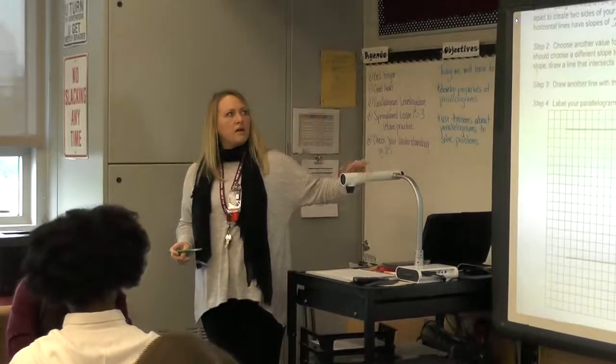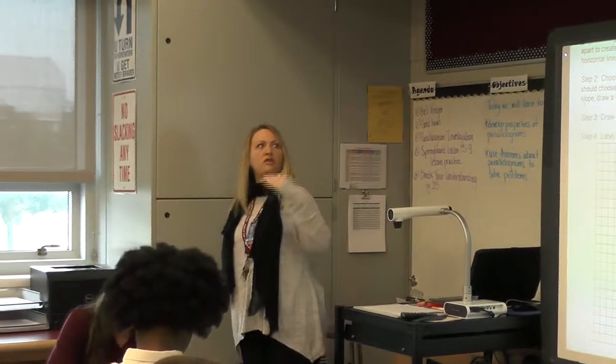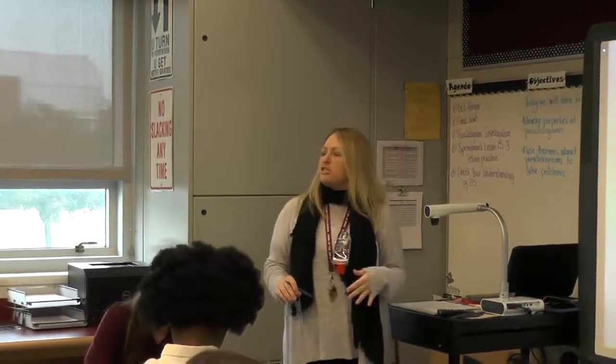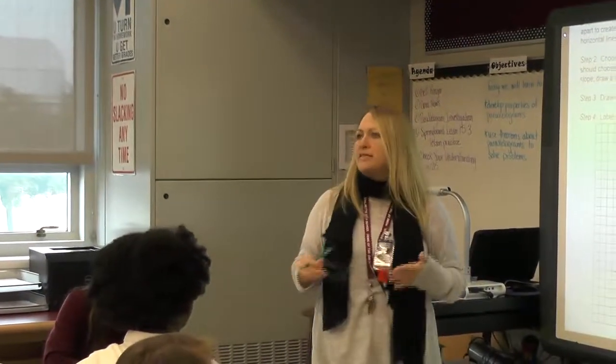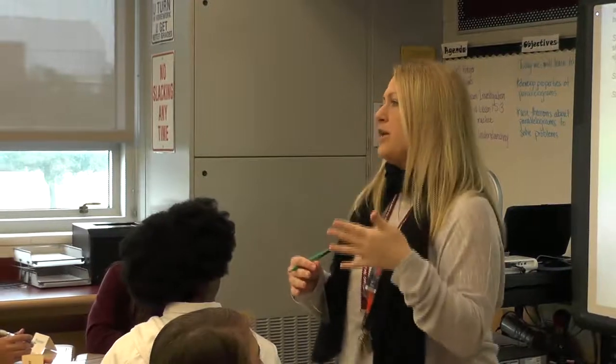Now, if we read step 2, you are going to choose another value for a slope. So any other number besides 0. Maybe it's a half, 2/3, 4/5, 5, 3. You can always do like 3 over 1.